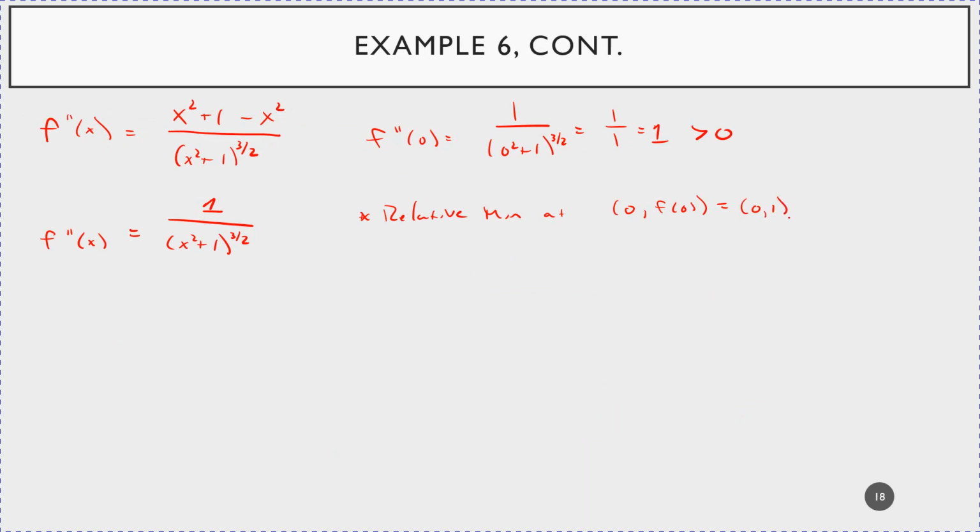All right, and just recall, this was for our function, the square root of x squared plus 1. Let's verify that so you can see, right? So let's load up our graphing calculator again.